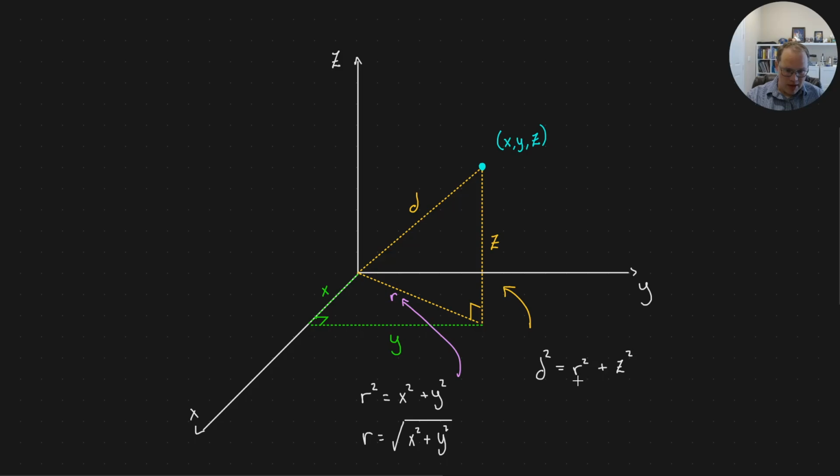If I plug in my r is equal to the square root of x squared plus y squared, r squared is just equal to x squared plus y squared. So let's take that and plug it in. Okay? And that means d squared is equal to, swap out r squared for x squared plus y squared, plus z squared.